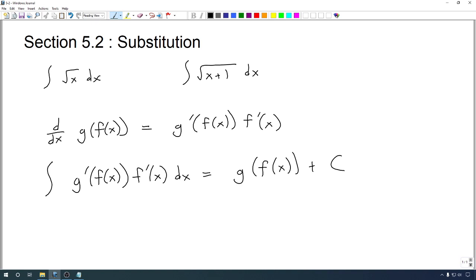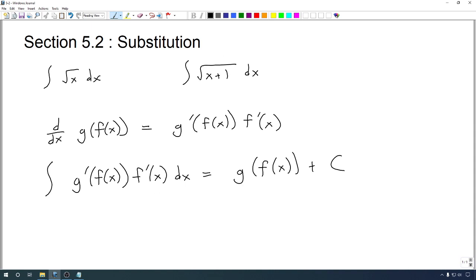Unfortunately here, as we can kind of already see, the integrand is pretty complicated. Not only do we have a composition of g prime and f, we then also have to have this f prime of x in there somewhere. In a particular situation, we would have to identify not only this composition, but also some other piece.